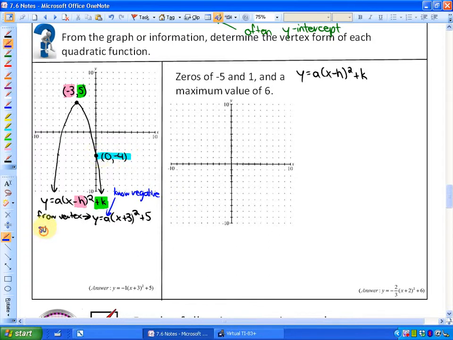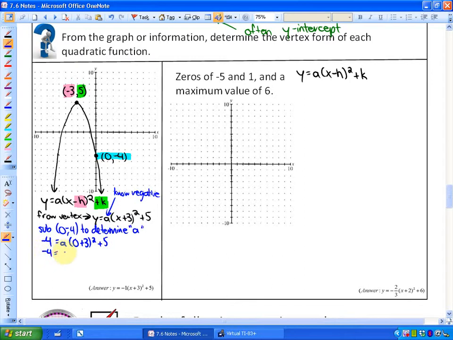We are going to substitute 0 and negative 4 to determine a. So I'm going to replace x with 0 and y with negative 4. So it's going to be y, which is negative 4, is equal to a times x, which is 0, plus 3 squared plus 5. And we're going to solve for a.